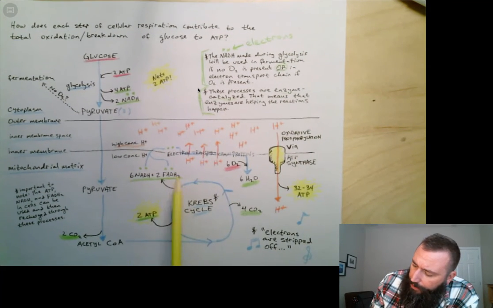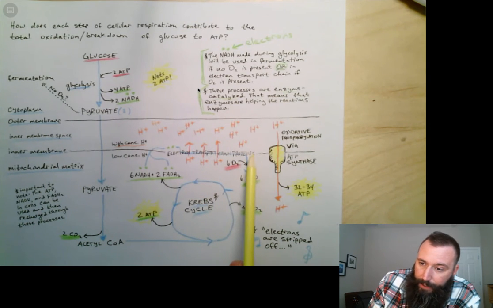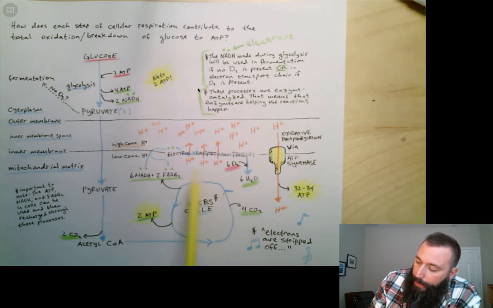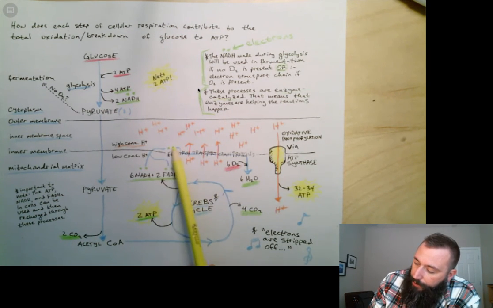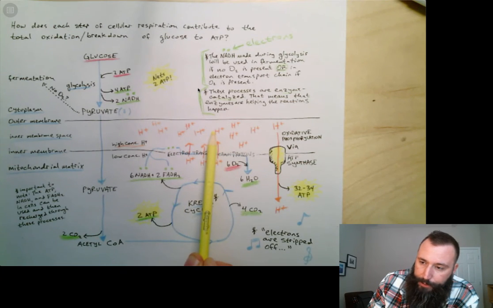These two high-energy electron carriers will pass their electrons to the proteins embedded in the inner membrane. These proteins will allow the electrons to move down the electron transport chain. Oxygen accepts the electrons at the end of the electron transport chain to produce water. These proteins use the energy from these electrons to pump H+ ions into the inner membrane space.